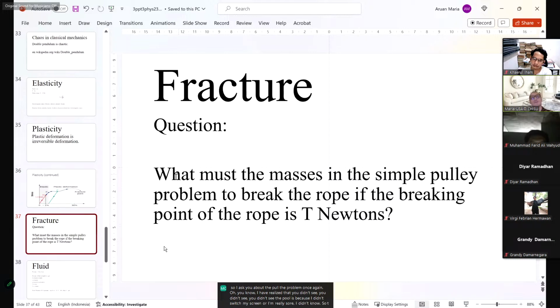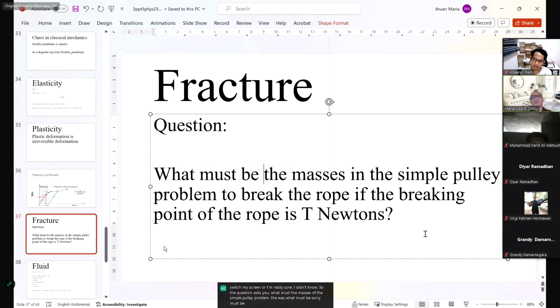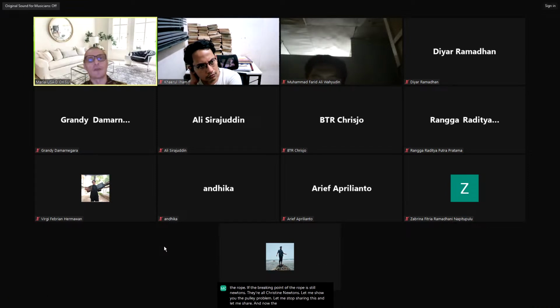So the question asks you, what must the masses be in a simple pulley problem to break the rope, if the breaking point of the rope is 10 newtons? Let me show you the pulley problem. Let me stop sharing this and let me share another one.